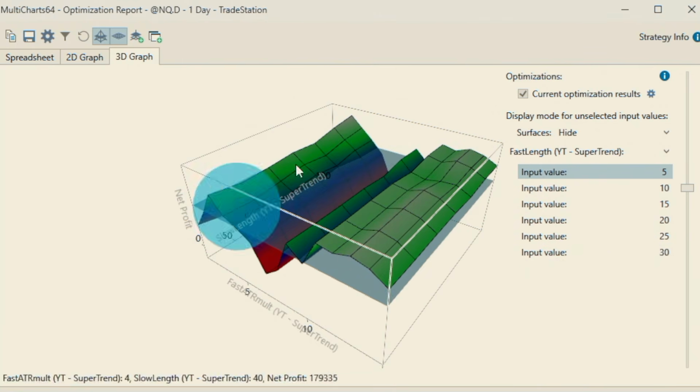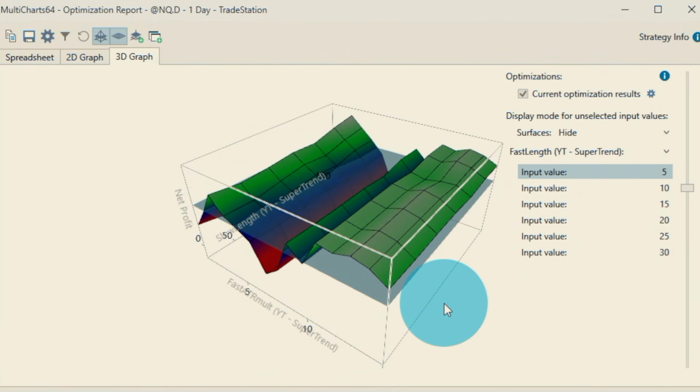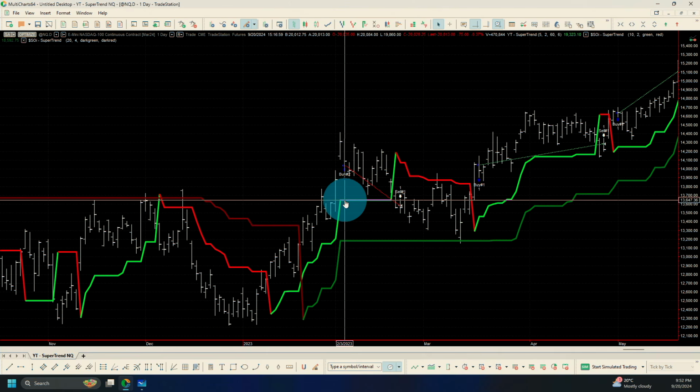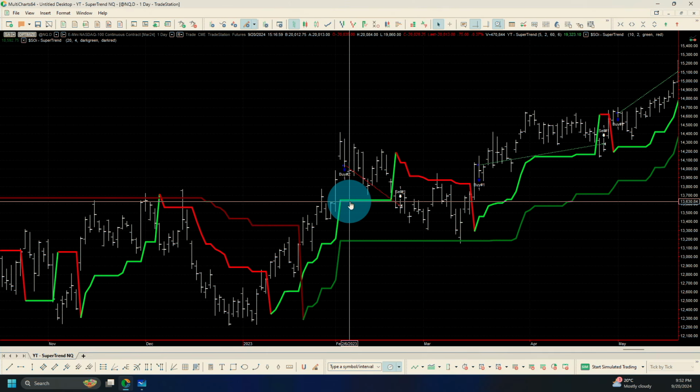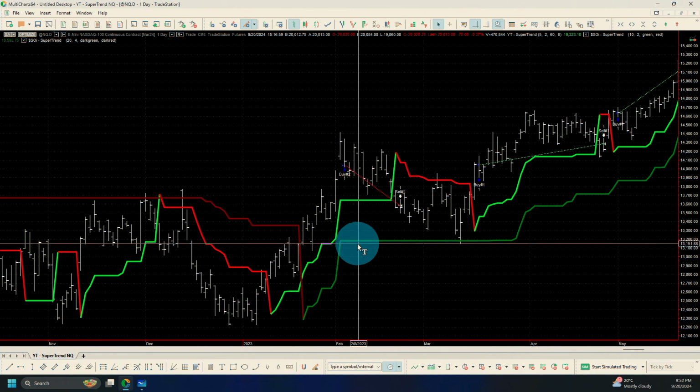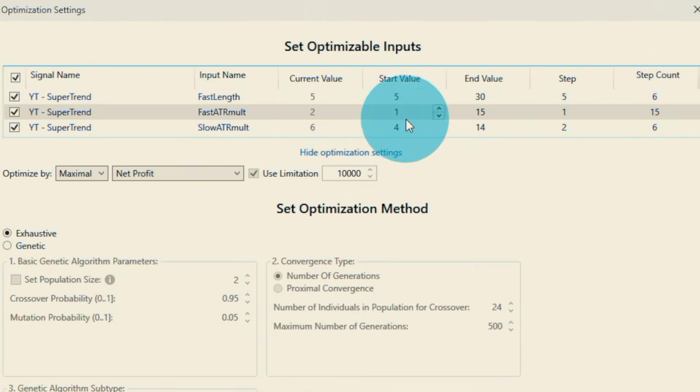So you can overcome this by removing one of the variables, and it's very easy to remove one in this case. We can just say that whenever we optimize the length of the short SuperTrend indicator, we use the same value times 3 for the long SuperTrend indicator. So as you can see now, we have 3 variables to optimize.